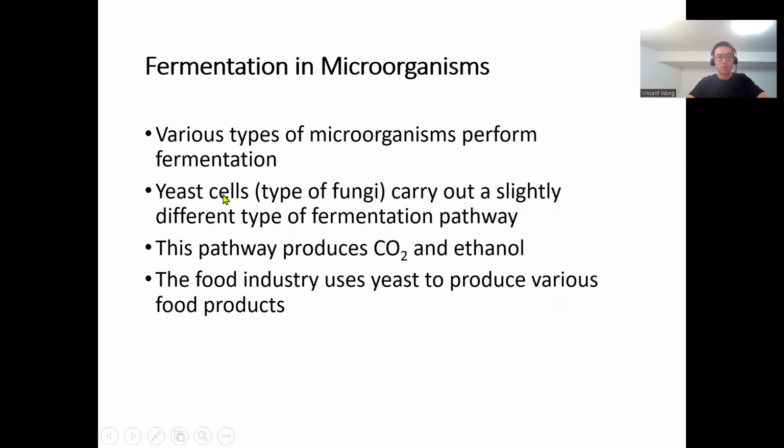We also use yeast to produce ethanol. Ethanol is the drinking alcohol. There are different kinds of alcohol, right? Rubbing alcohol, the one that you get from like a drugstore, that is propanol, isopropanol. You can't drink that. Okay, that's poisonous to the body.